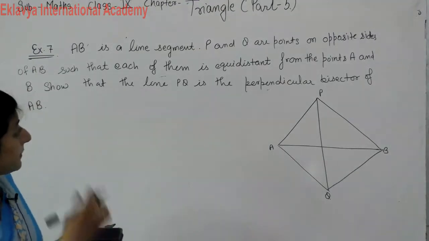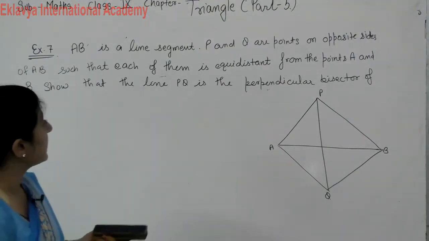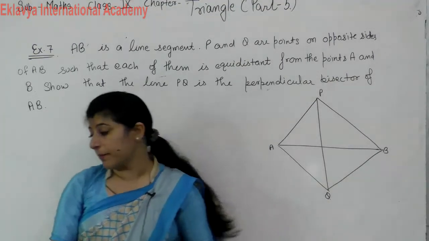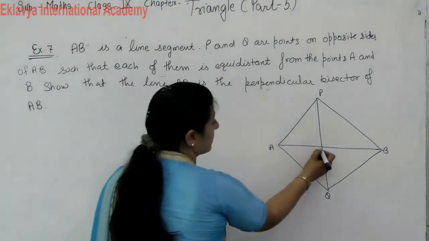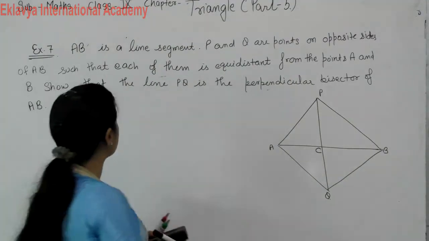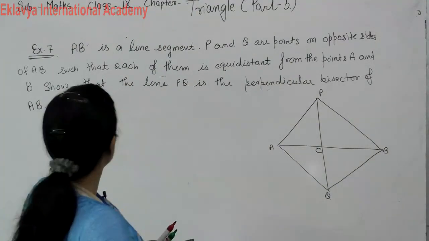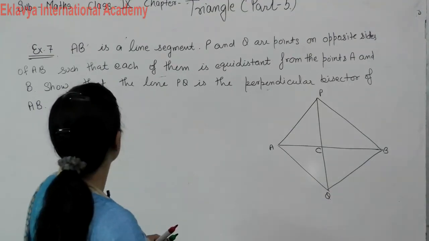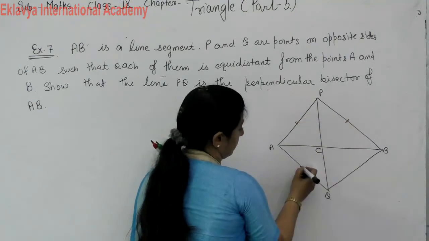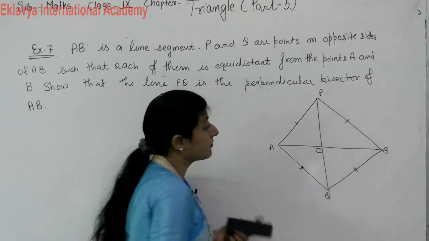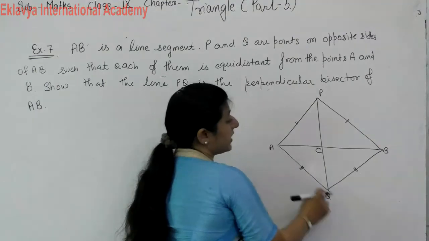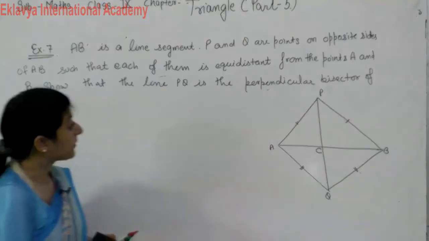AB is a line segment. P and Q are points on opposite sides of AB such that each of them is equidistant from the points A and B. Show that the line PQ is the perpendicular bisector of it. See, P and Q points are equidistant from A and B. It means PA is equal to PB and QA is equal to QB is given to you.